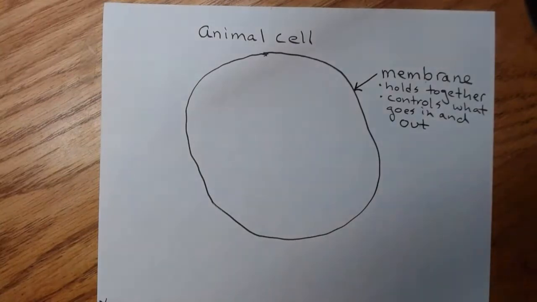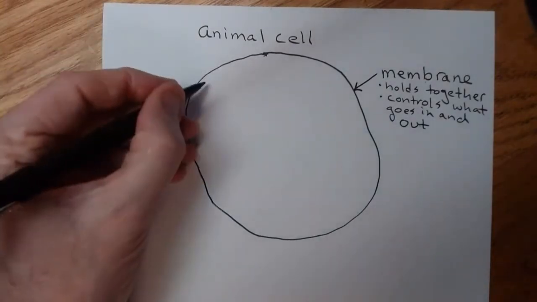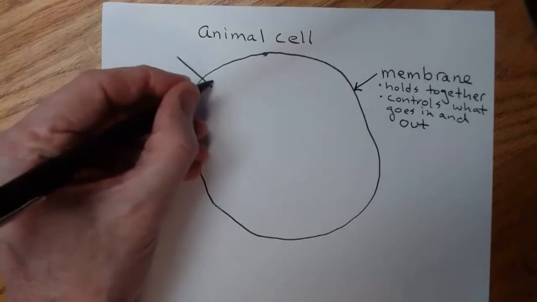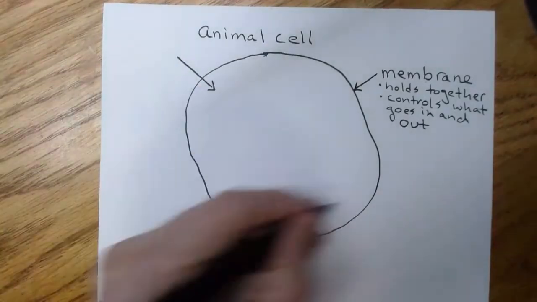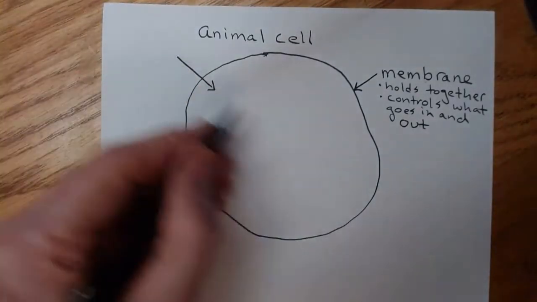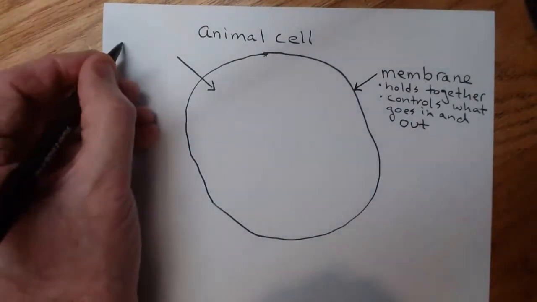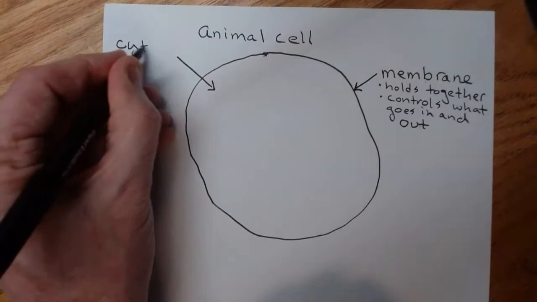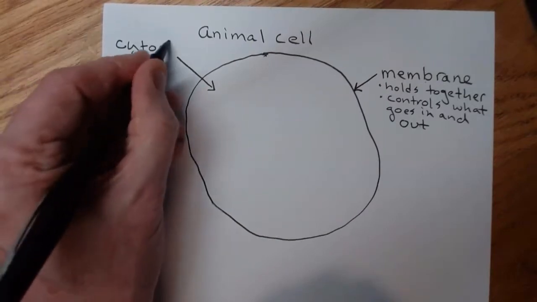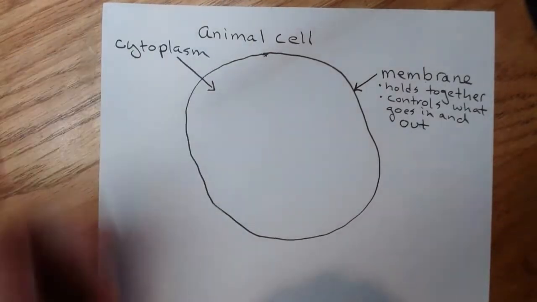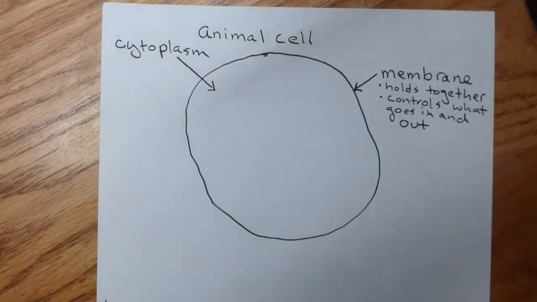Now, we also need to know everything that's kind of inside here. What's this stuff called? The sort of fluid cytoplasm. Cytoplasm. And I could say the goo inside of the cell, and that'd be all right. It's just called cytoplasm.